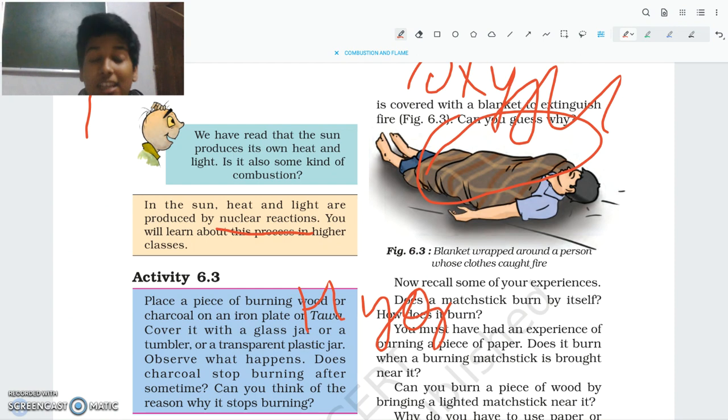That light has reflections, so we are able to see the moon, and we see the sun from our earth. So it is about hydrogen bombs and nuclear reactions, nuclear fission and fusion. That is another thing.